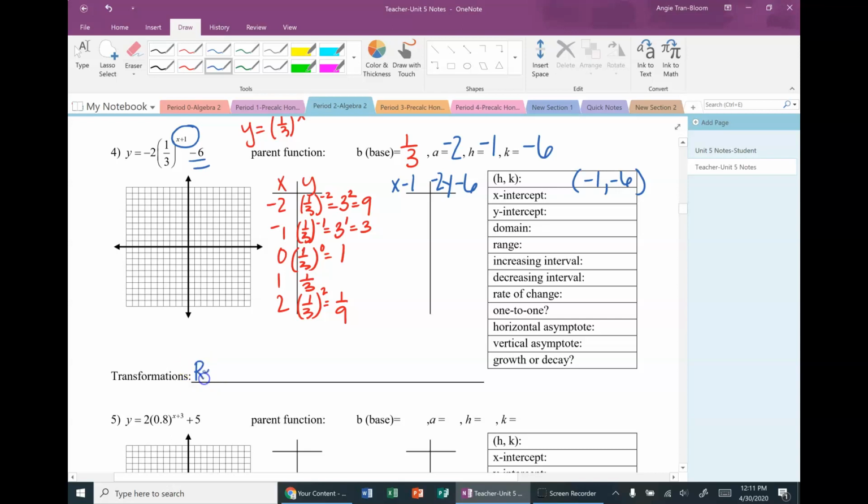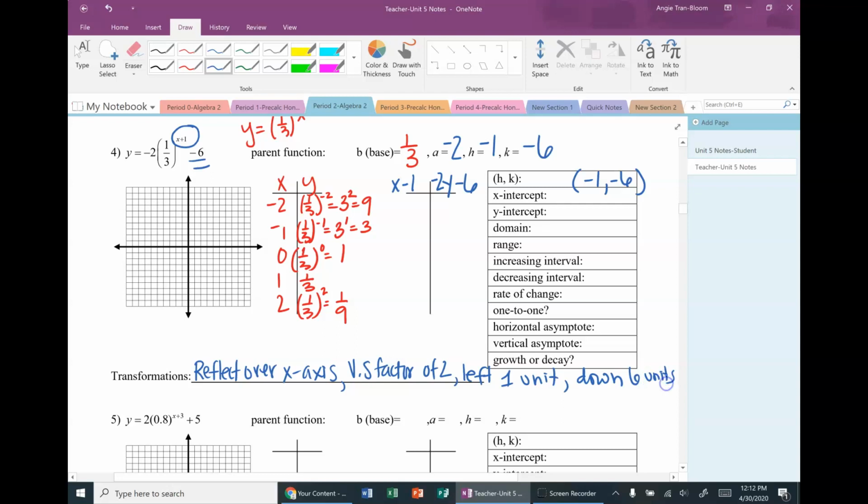The negative is a reflection over the x-axis. The 2 is a vertical stretch factor of 2. Then you have a -1 for h, so left 1 unit. Then you have a -6 for k, so that's going to be down 6 units.